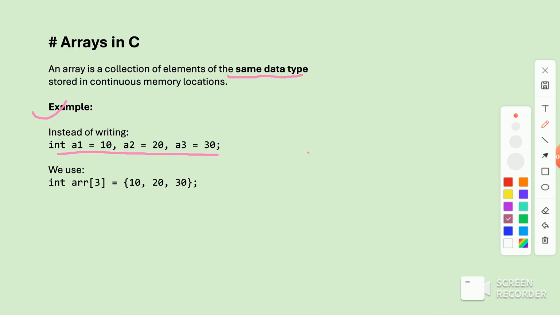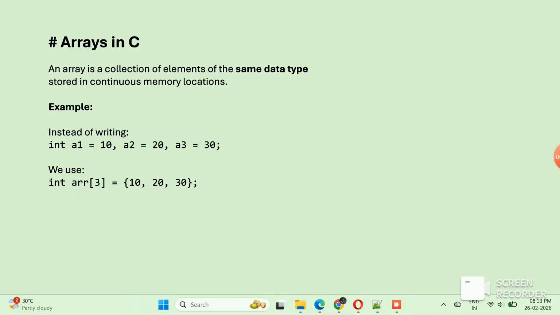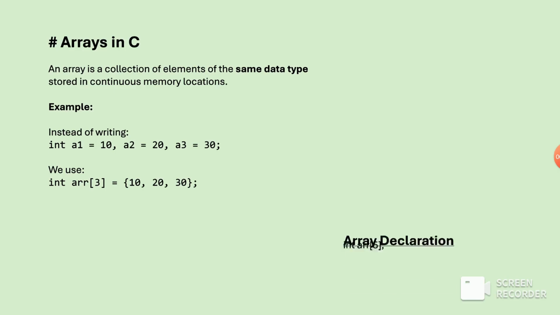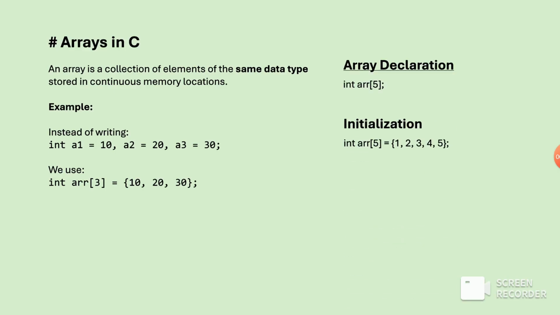So we can use an integer array with a particular size in brackets. If you want to store 3 values like 10, 20 and 30, this is our array. In that way we can store 100 values as well, by putting 100 instead of 3, so the array of size 100 holds 100 values.